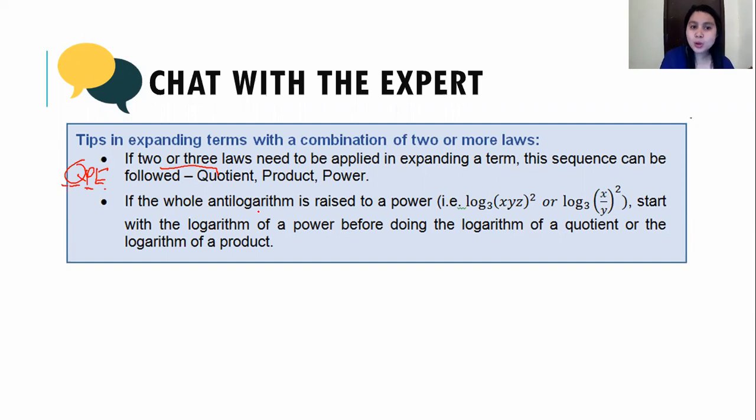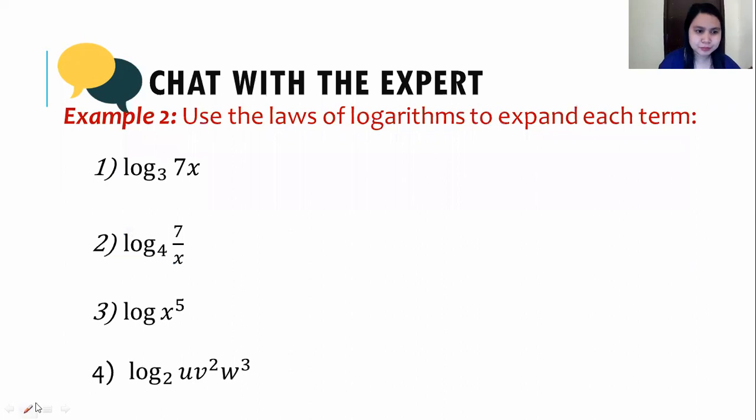Now, if the whole antilogarithm is raised to a power, then you start with the power, then after that the quotient and the product.